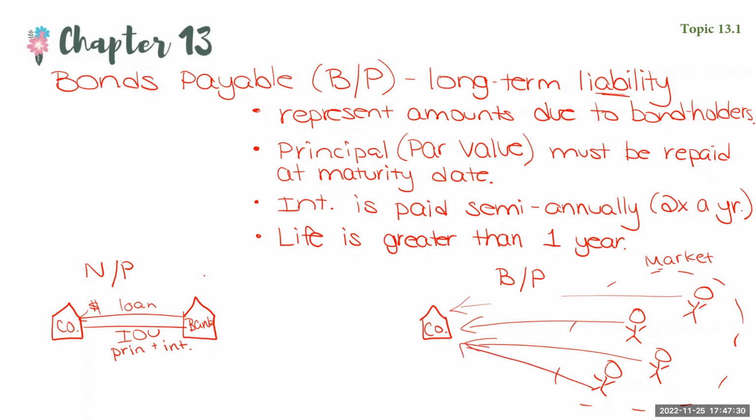You're not just dealing with one institution, you're dealing with all the interested investors that there are, right? So they're all giving you cash. So it's a way to more expeditiously raise funds. Okay, eventually you are going to have to pay them back. So when they give you the money, you give them an IOU, meaning you will pay them back the bond's par value, same thing as principal, plus you're going to pay them interest 2 times a year.